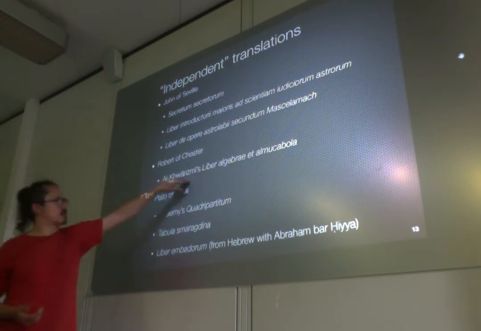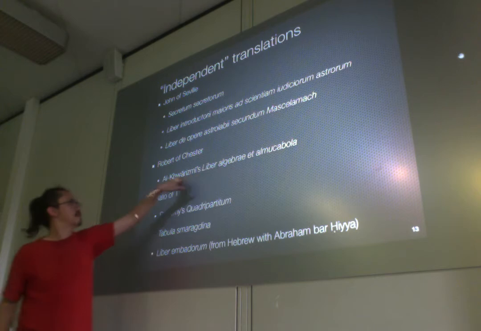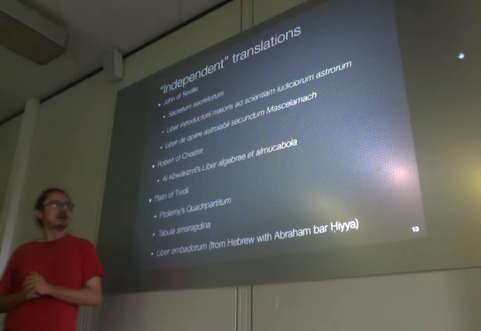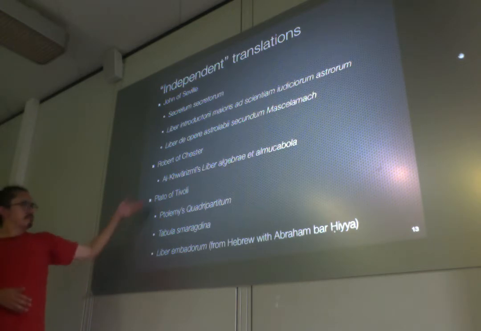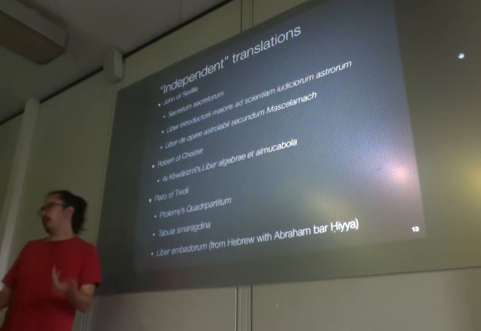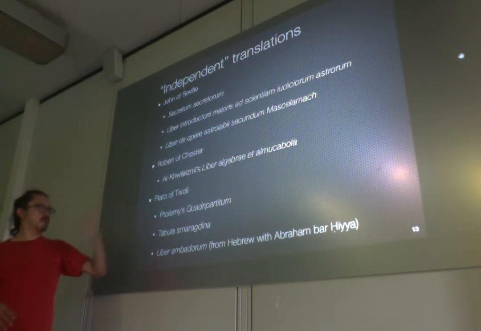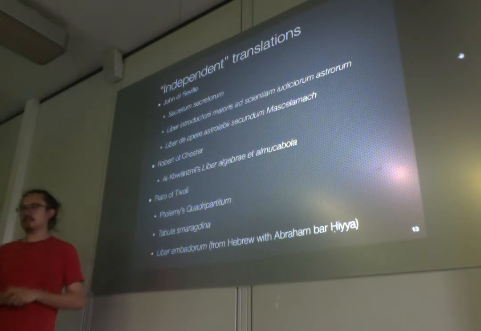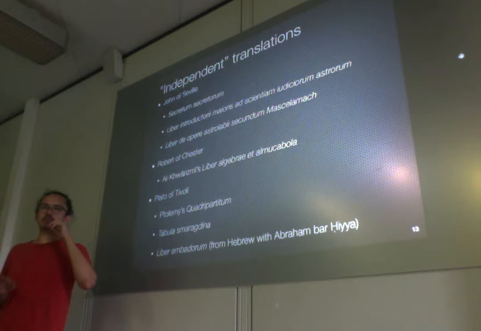Robert of Chester translated Al-Khwarizmi's Liber Algebrae, and we find some translations, the Planispherium of Ptolemy, the Quadripartitum, some other works ascribed to Ptolemy that are not his, and he translated, as I said, the Tabula Smaragdina. The Tabula Smaragdina is a big deal because there are many translations of Arabic.